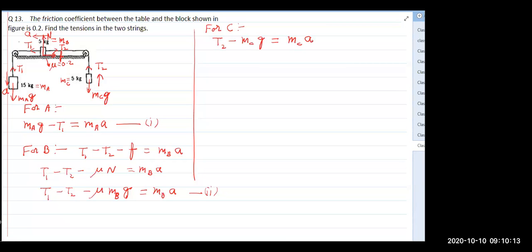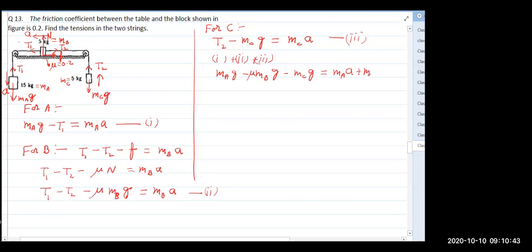The best way is to first find the acceleration. So add equation 1 with 2 with 3. If you add these three, the tensions will get cancelled. We will have only MAG minus mu MBG minus MCG equals MAA plus MBA plus MCA.